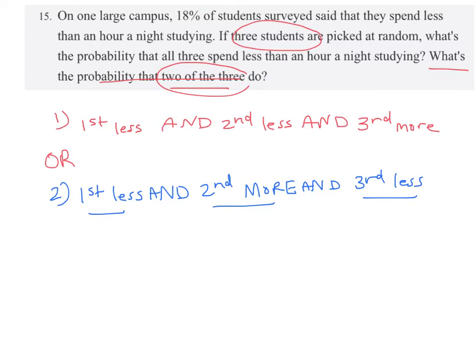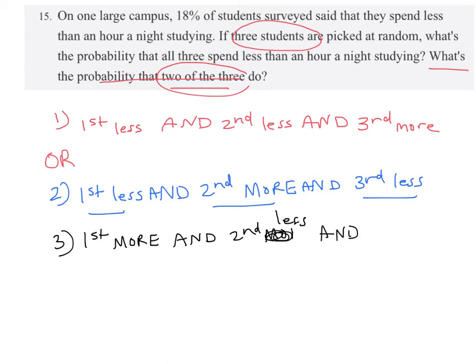Okay, the third way that this could happen is that the first spends more than an hour studying and the second spends less and the third spends less.